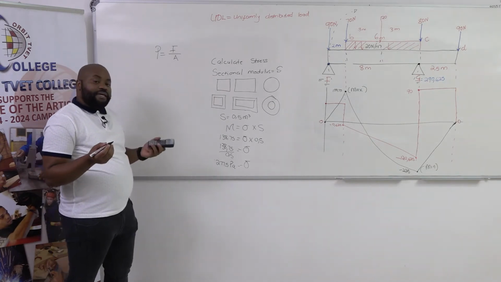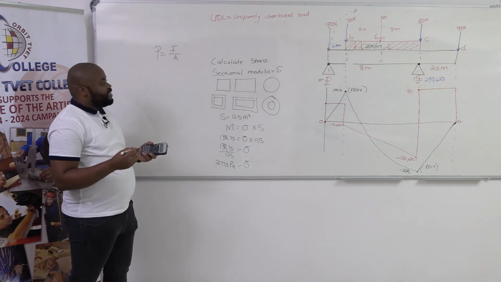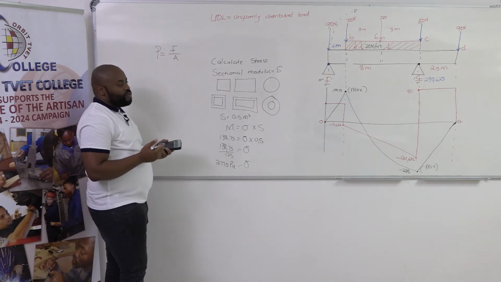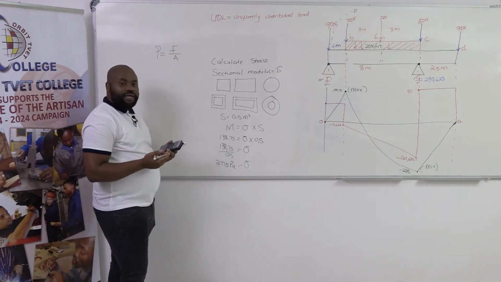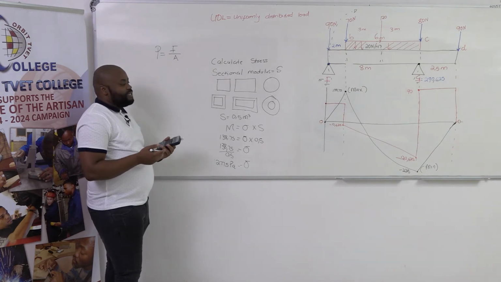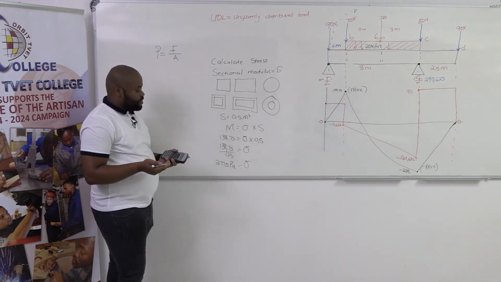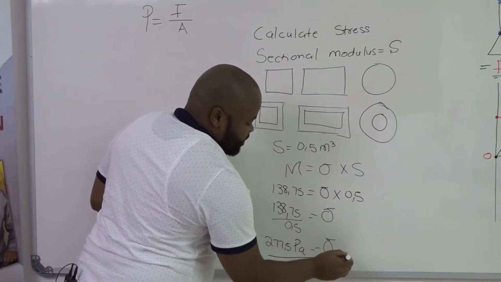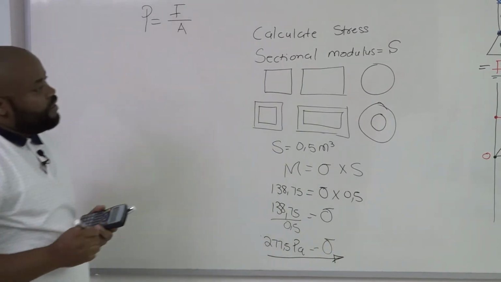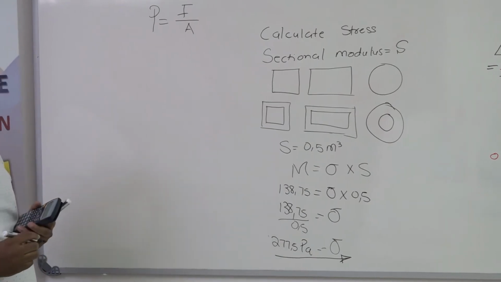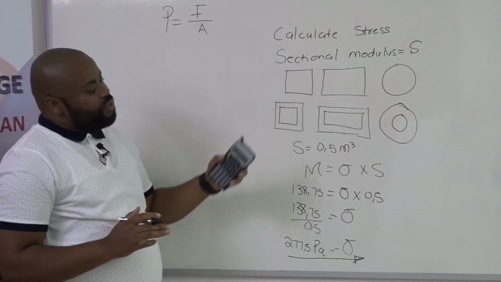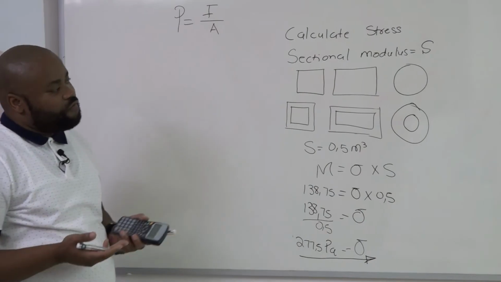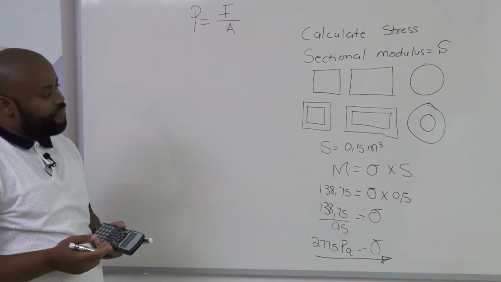Sometimes it can be megapascals, and you would then refer to the prefixes that we use in engineering to indicate much bigger values. So in this case, this will be our stress for our particular beam. But it would continue to differ given the types of beams that you will be given.